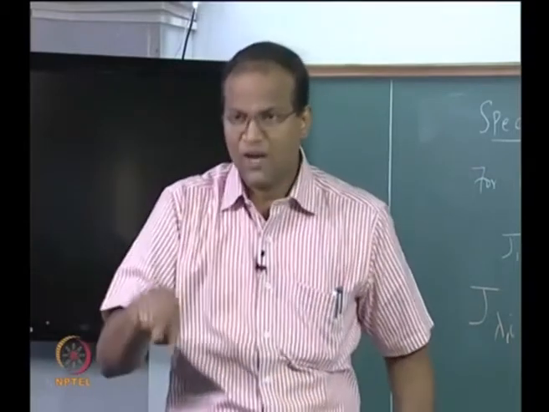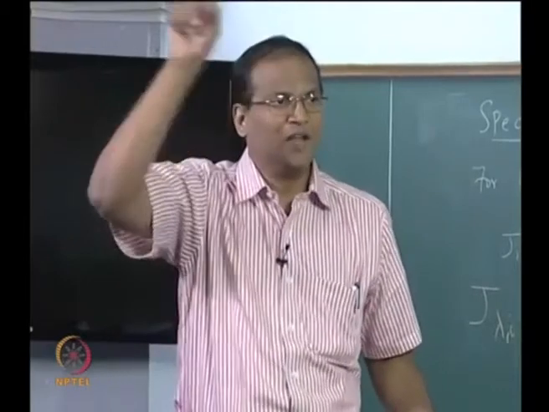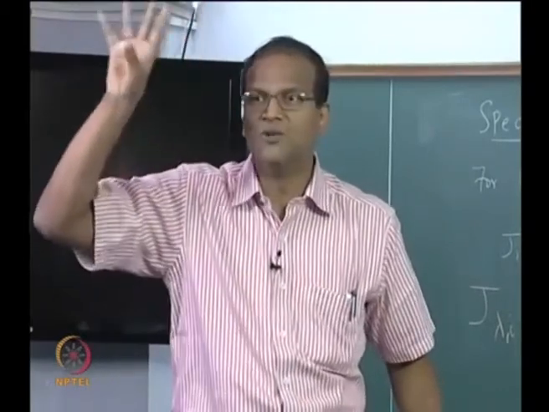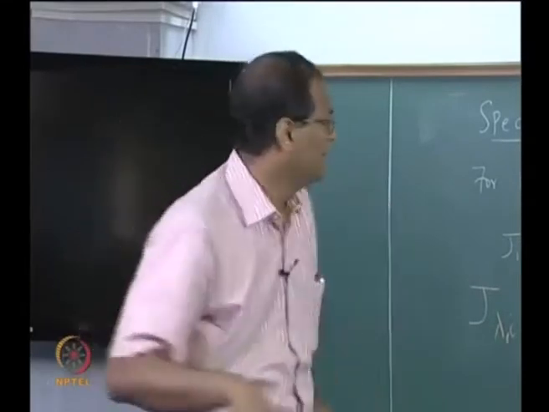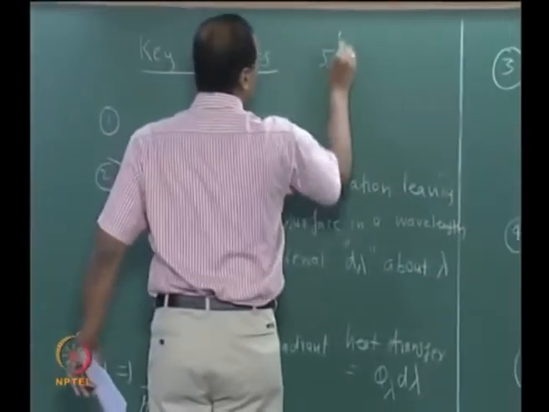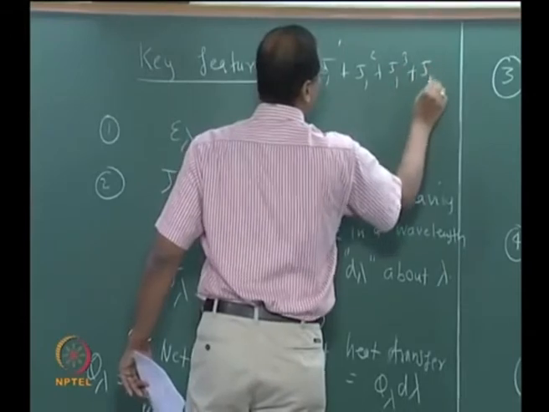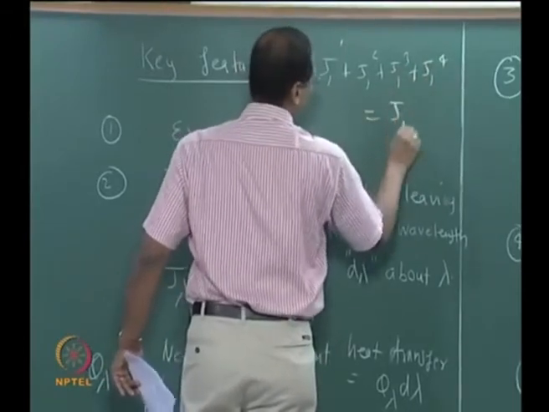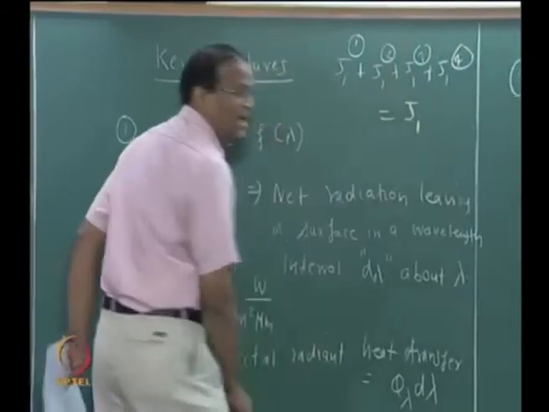So J1 itself, if 1 is the first surface, we can use superscript for wavelength intervals 1, 2, 3, 4. Then you will have J11 plus J12 plus J13. Are you getting the point? All these refer to the wavelength bands.